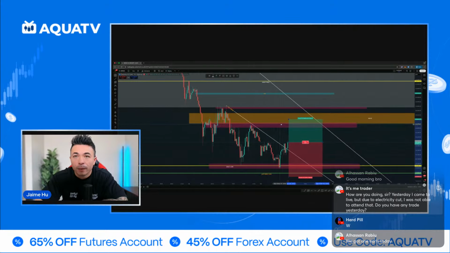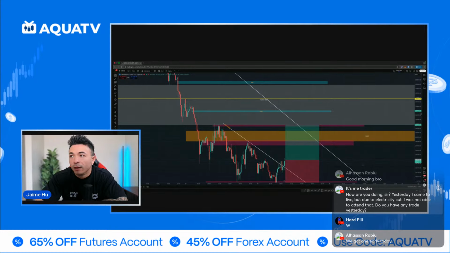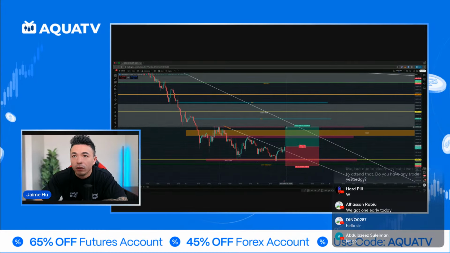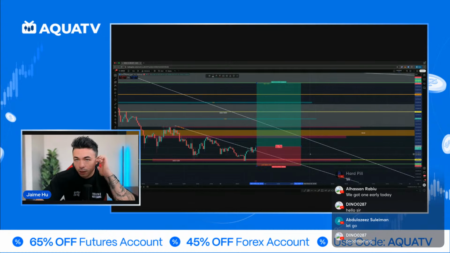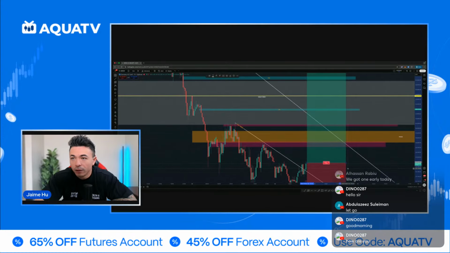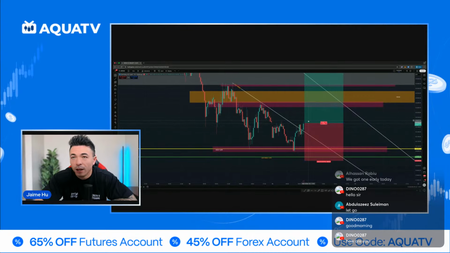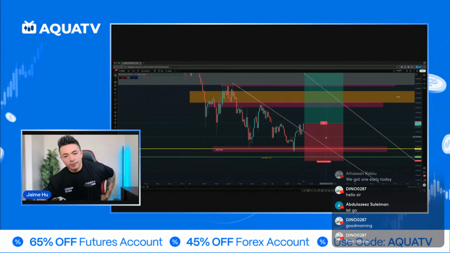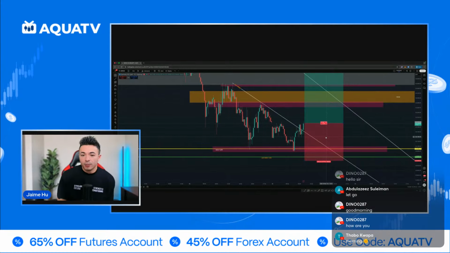But we would probably have something like this. It'll be a 1-to-1, and then we could even look to aim to something like this. But let's see if we can get a pullback to at least this 15-minute trend. If not, then we're probably going to have a trade set up like this, like a 1-2-3 trade setup.